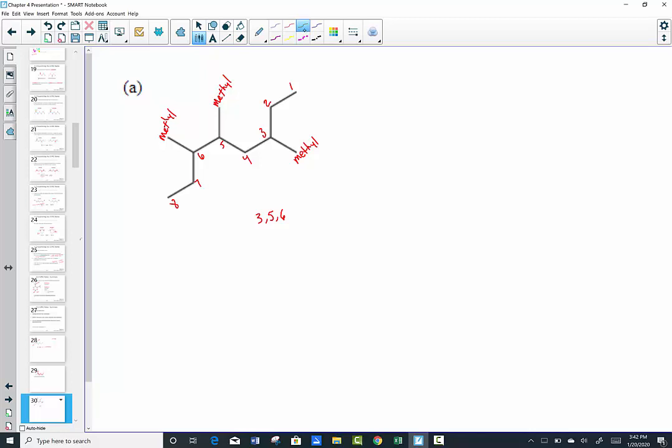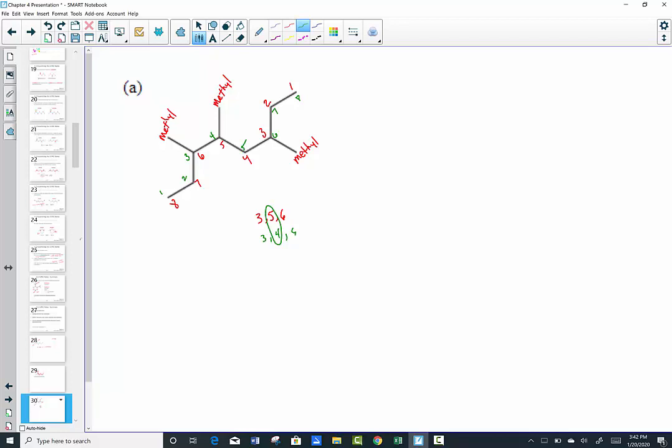Let's try another way. Let's go the opposite way. 1, 2, 3, 4, 5, 6, 7, 8. 3, 4, 6. Oh, that's better, isn't it? Numbering from left to right, as I did in green, has the tiebreaker there in the second position, the lowest possible number.